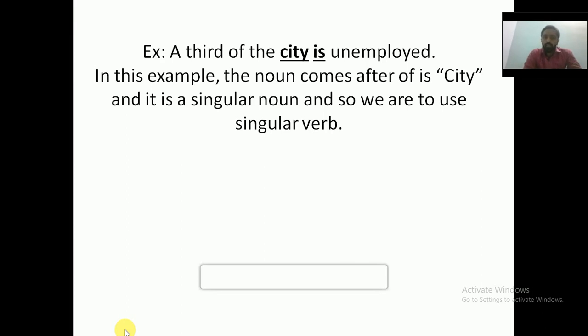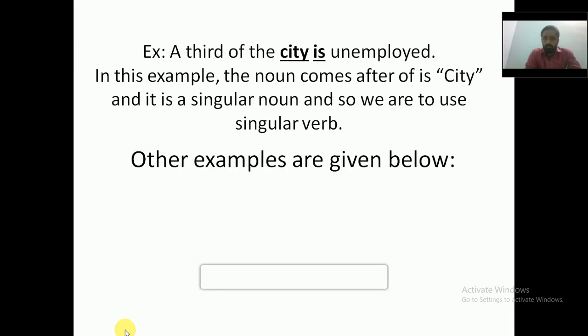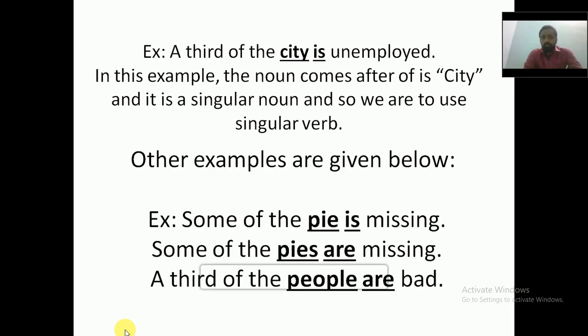The rule says that it has to be a singular verb. I'll give you some more examples. Some of the pie is missing. The noun that comes after of is pie, and pie is a singular noun. So we are using the singular verb.